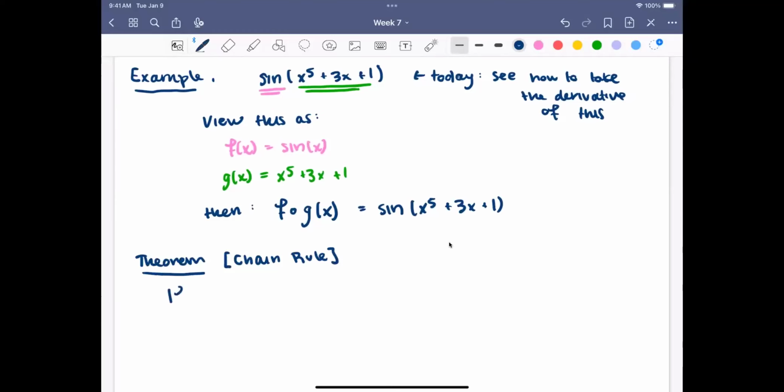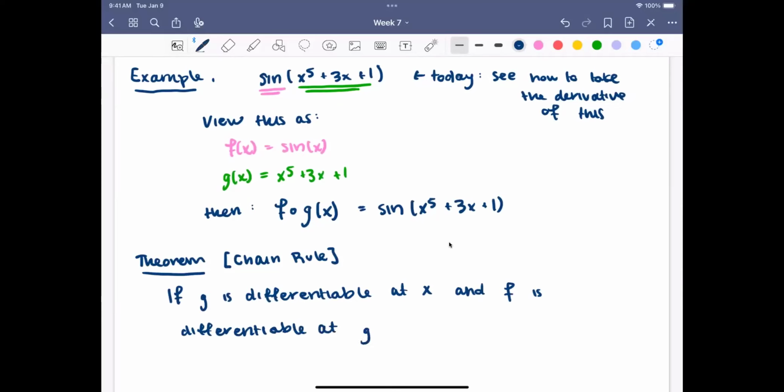This says if g is differentiable at some number x and f is differentiable at g of x. So this is once you plug x into g, that's some other number that you would then go and plug into f. So we want f to be differentiable at g of x.